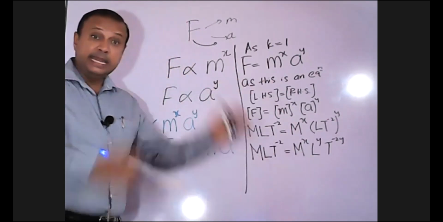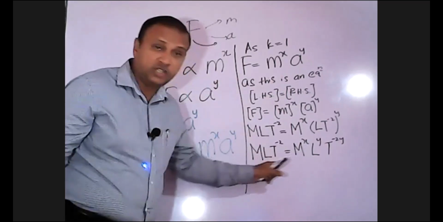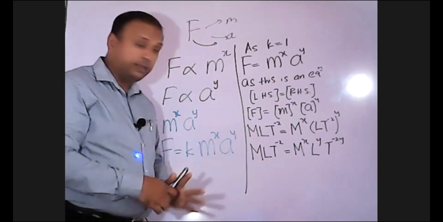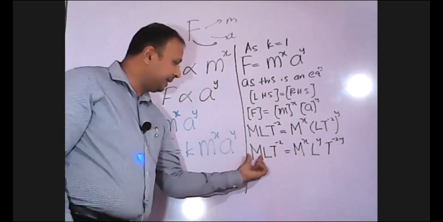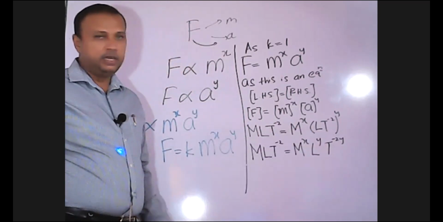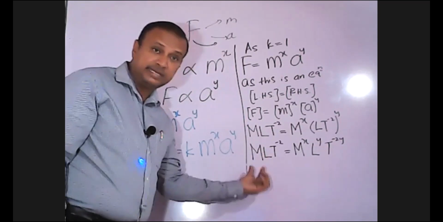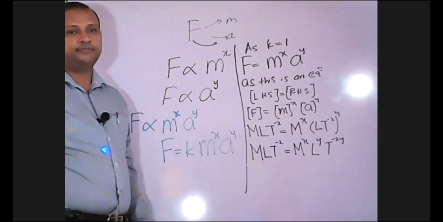That is my next argument. What is the argument? If this is an equation, what happens? The powers of the same base should be equal. Okay. If this is an equation, the same base should have the same powers.